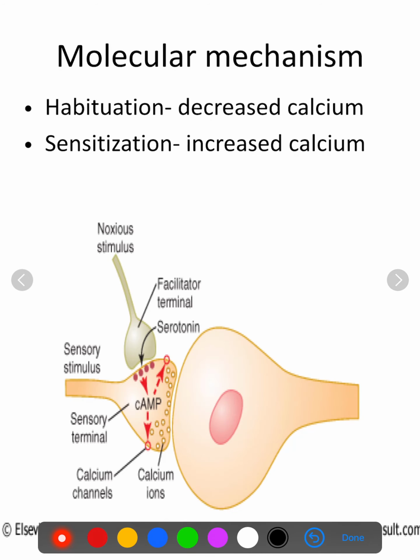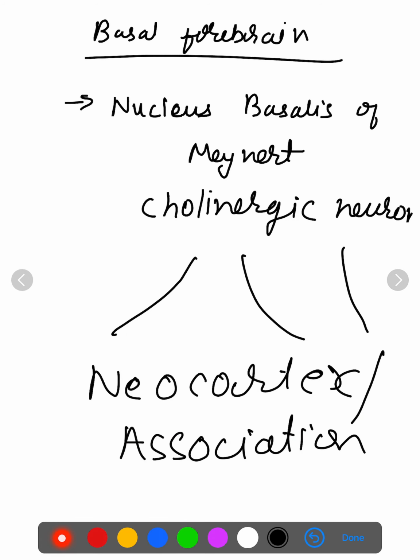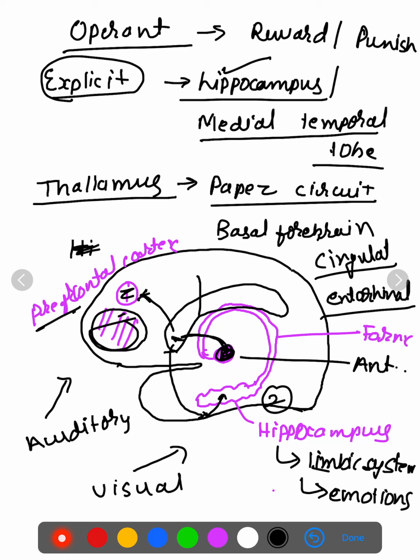So what I meant to say is that initially information comes to the prefrontal cortex, then the hippocampus.